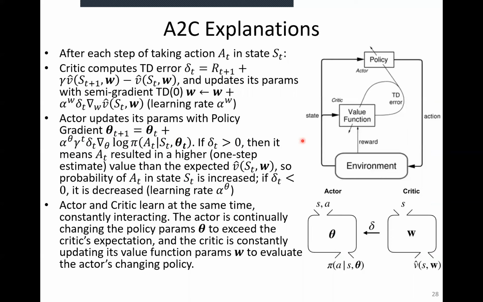So at every step, take action AT in state ST, the critic computes the TD error with the value function here, and updates its parameters with semi-gradient TD(0). And the actor updates its parameters with the policy gradient.